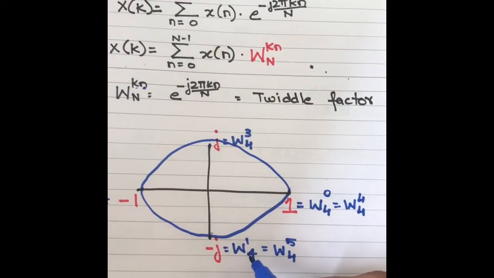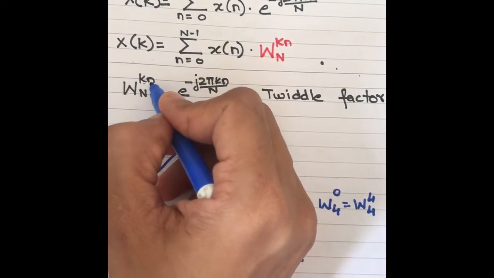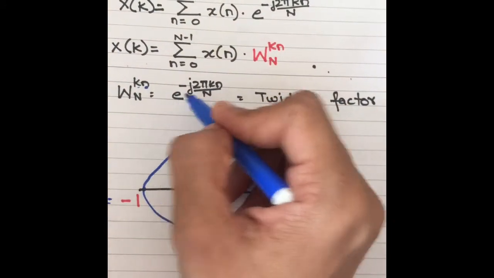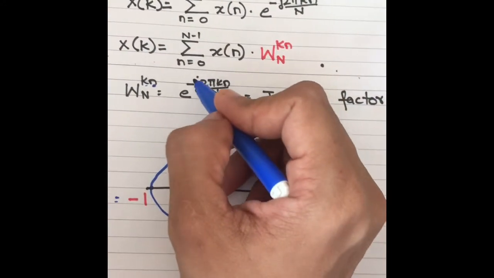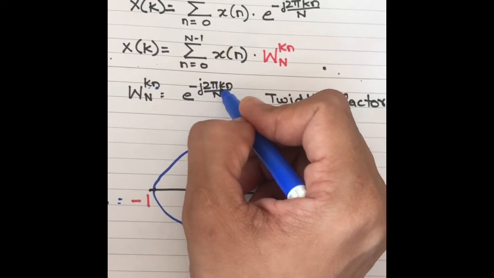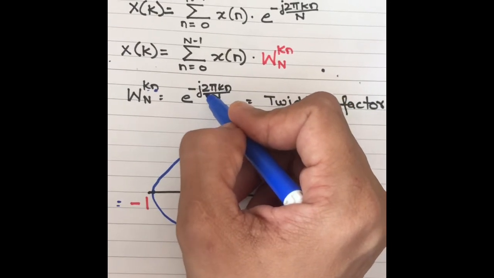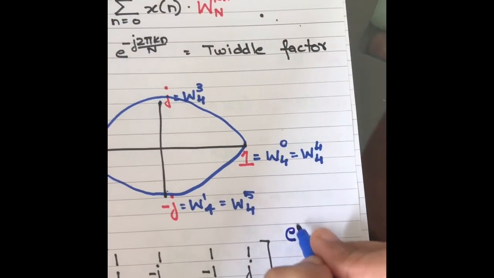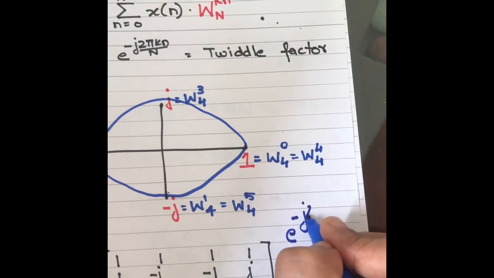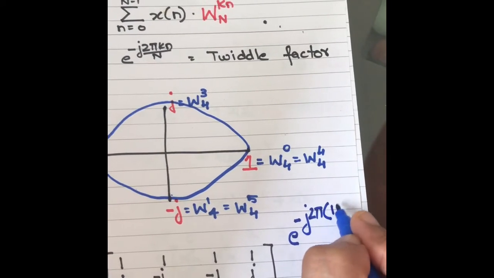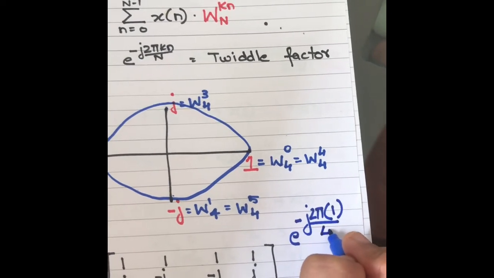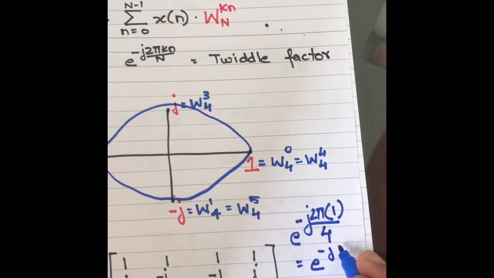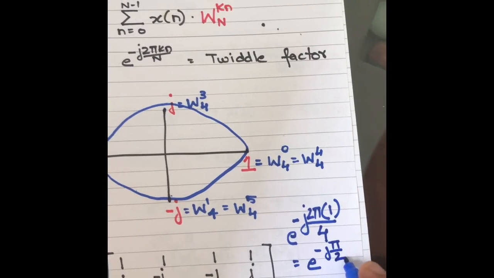Then W_4^1, that means the product kn is equal to 1, so it will be e raised to minus j 2 pi into 1 by 4, which is equal to e raised to minus j pi by 2.